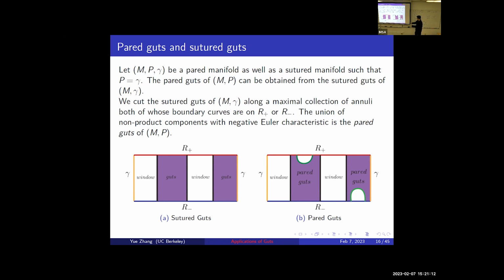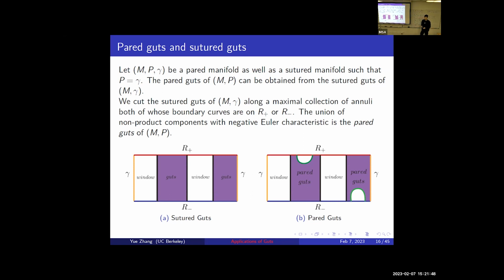You take a maximal collection of product annuli, which means those whose boundary sits on R plus and R minus. Then you only need to consider the extra annuli, both of whose boundary components sit on R plus or R minus. And then you do a further decomposition. Some of these, like this one and this one, are just I-bundles, so you throw them away. And the rest are pared guts.